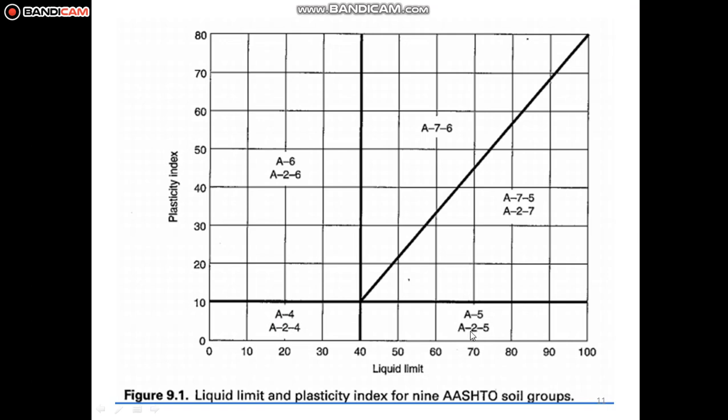If the liquid limit is greater than 40% and plasticity index is less than 10%, that comes under A5. If the liquid limit is less than 40% and plasticity index greater than 10%, that comes under A6 group. And if the liquid limit is more than 40% and plasticity index is more than 10%, that comes under A7 group.